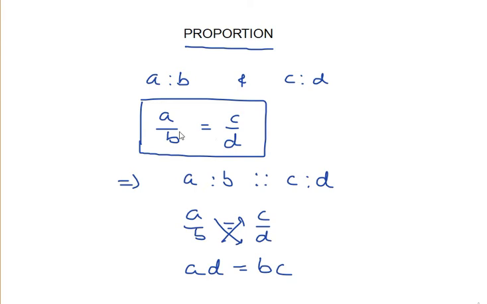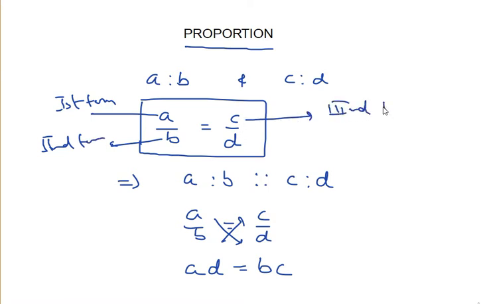So look at here, A will be first term, B will be second term, C is called third term, and D is called fourth term.